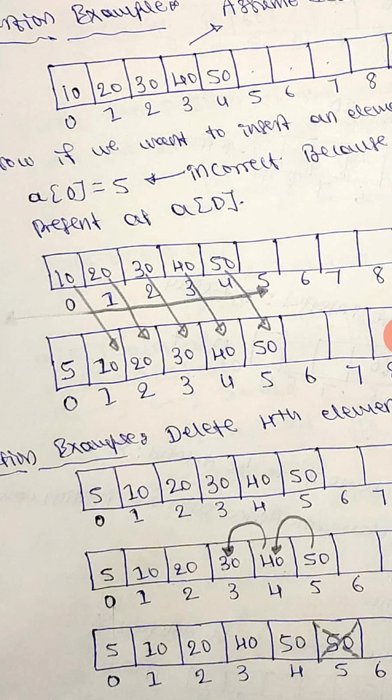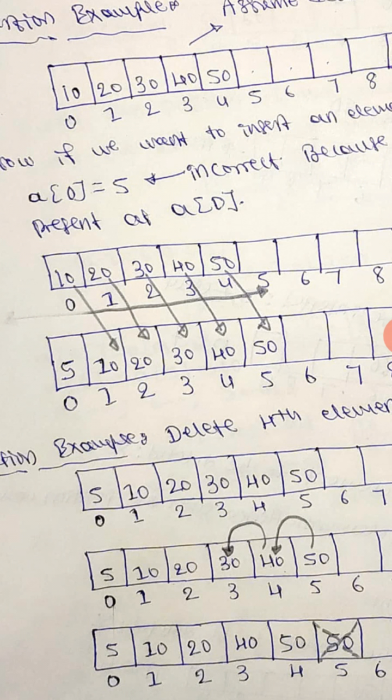When my array content is 10, 20, 30, 40, 50, and if I want to insert 5 at the beginning, first I need to move the content of the array, or each element of the array, one position ahead.